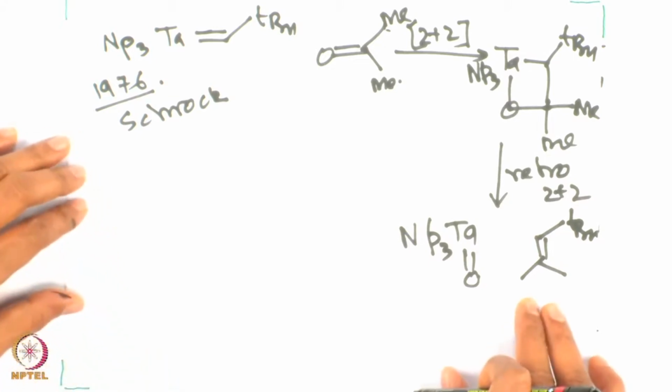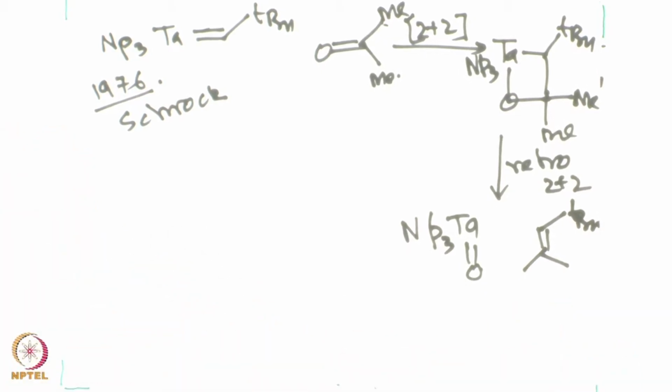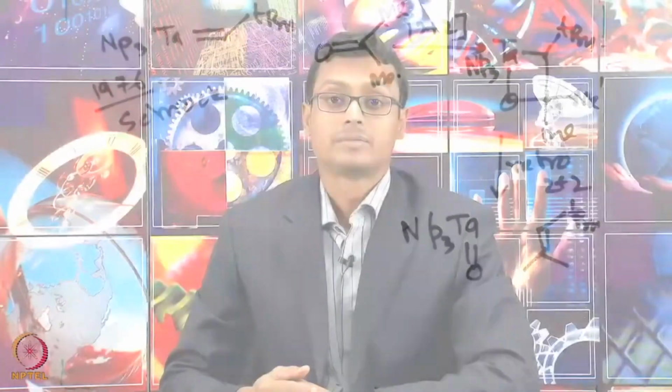Now, similarly, if you want to react this reagent with a lot of other reagents, you can react with a number of ketones to get the corresponding product. As you know, Wittig reagent really does not work with ester. That is one of the limitations of the Wittig reaction.